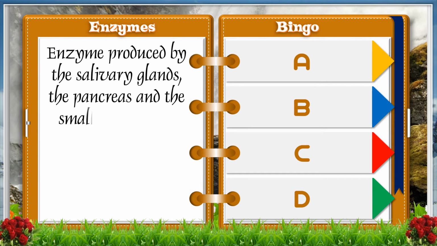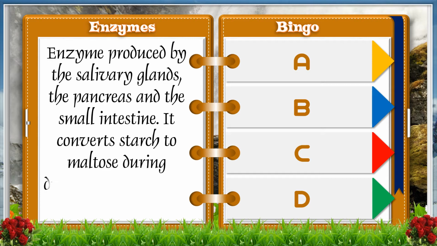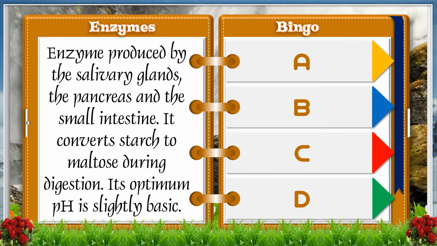Enzymes produced by the salivary glands, the pancreas, and the small intestine. It converts starch to maltose during digestion. Its optimum pH is slightly basic.